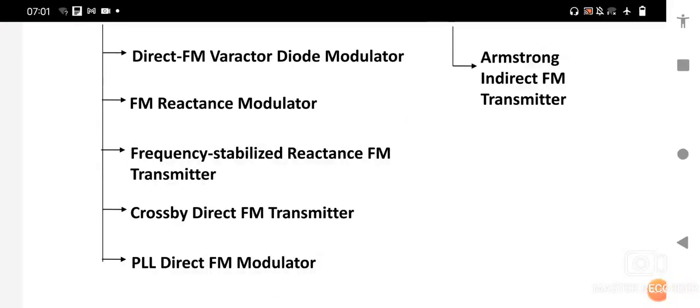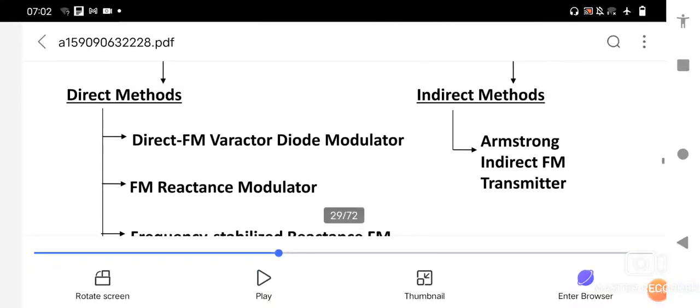Next is the frequency stabilized reactance FM transmitter, then a crosby direct FM transmitter, and then a PLL direct FM modulator, PLL being the phase locked loop. And the indirect method is the Armstrong indirect FM transmitter.